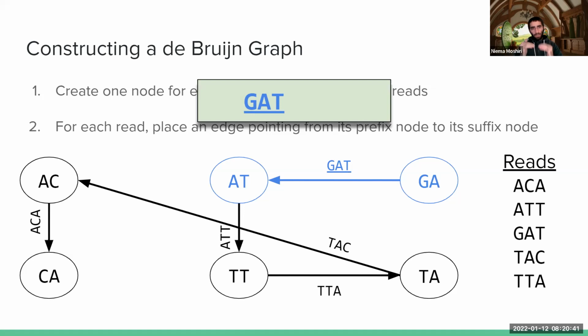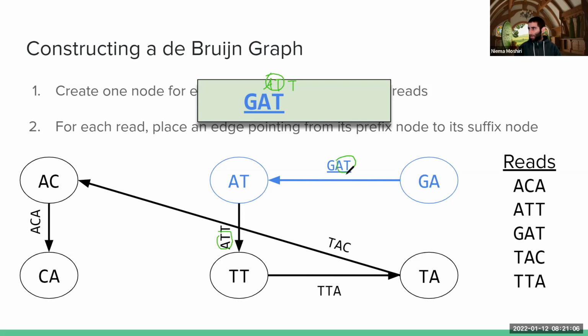But then every subsequent arrow, basically all of the letters except for the last letter overlap, right? So here, ATT, well, that AT in my original genome, the AT is already counted, right?